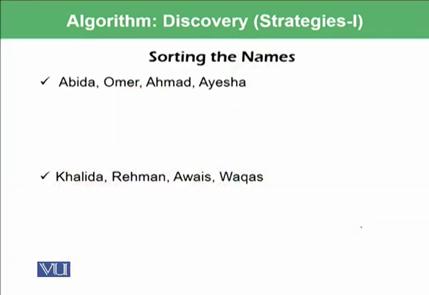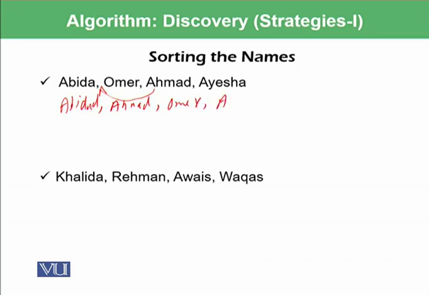Let's have an example of it. For example, if you have these four names, Abida, Umar, Ahmad, and Aisha, and you want to sort them. The first procedure would be to put Ahmad between Abida and Umar. So this will become Abida, Ahmad, Umar, and then Aisha.